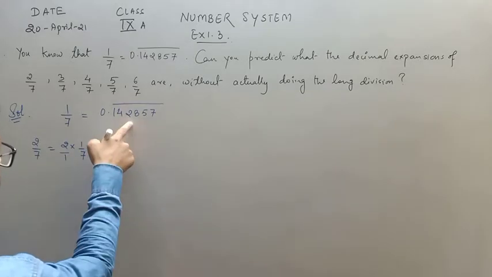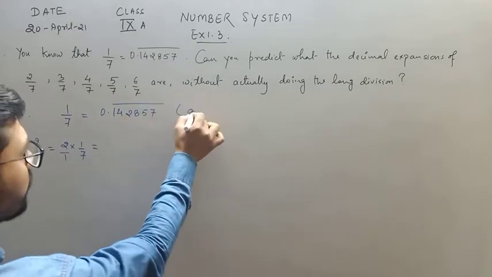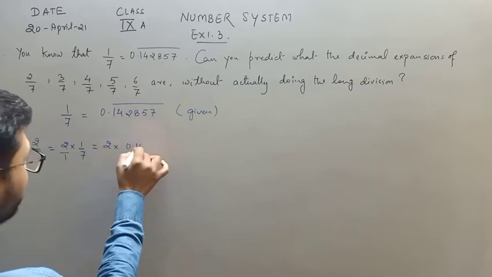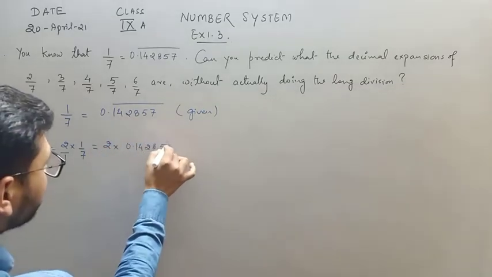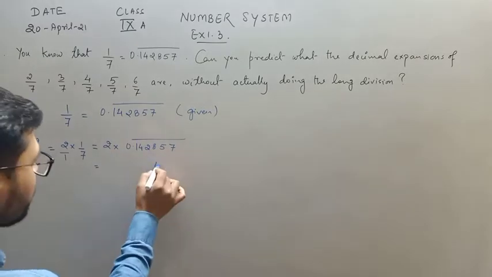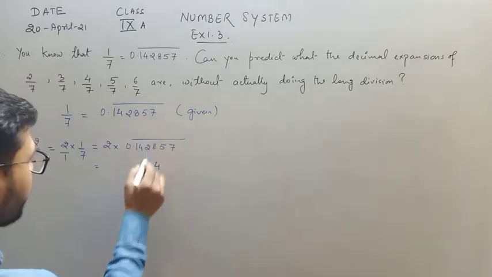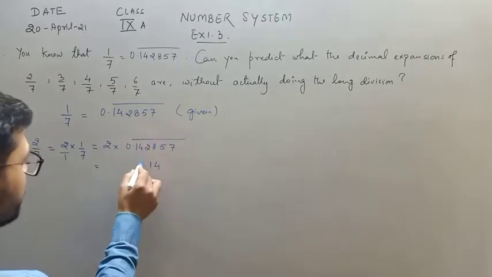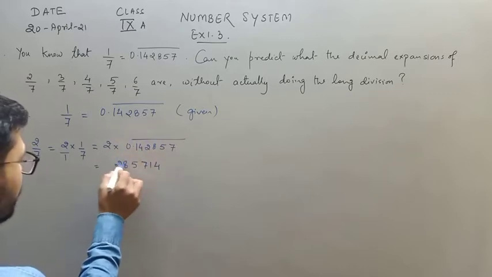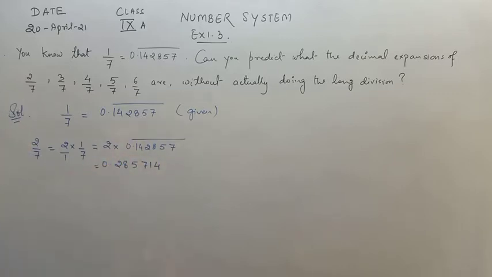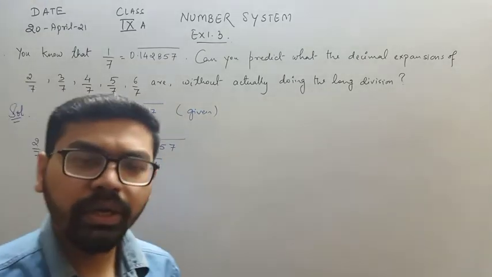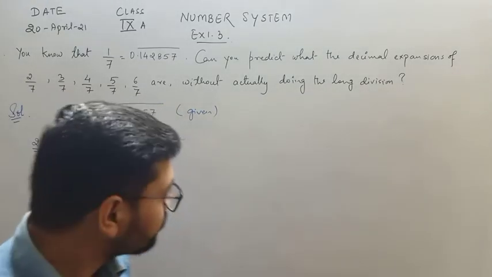The value of 1 upon 7 is given in the question, and the value is 0.142857. 2 sevens are 14, 2 fives are 10 and 1 is 11, 2 eights are 16 and 1 is 17, 2 twos are 4 and 1 is 5, 2 ones are 2 and 2 fours are 8, so I can write 0.285714 bar, because this is again a non-terminating repeating decimal, right?